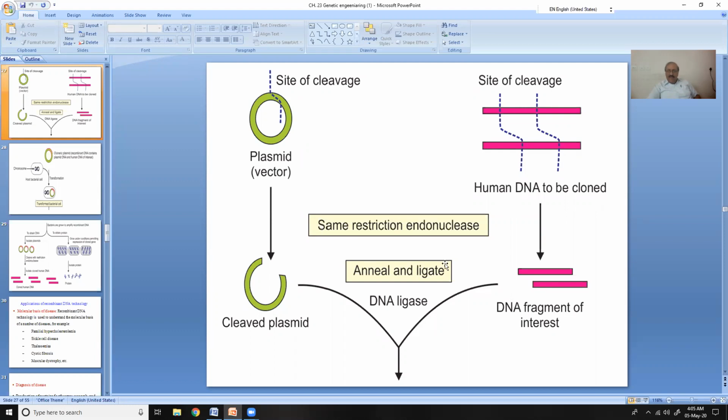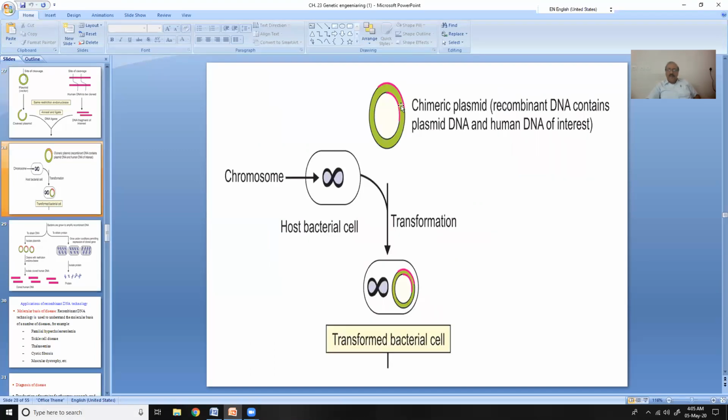This is known as annealing, and the enzyme is DNA ligase. So they are added here. Chimeric plasmid. These plasmids are known as extrachromosomal DNA. The chimeric plasmid, the recombinant DNA, contains plasmid DNA and the human DNA of interest.